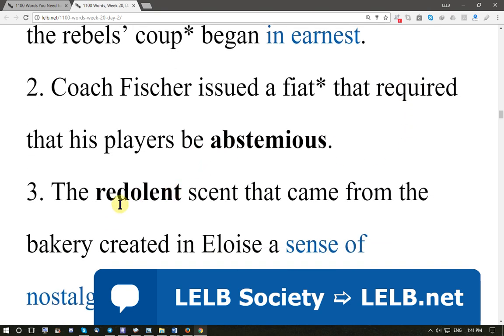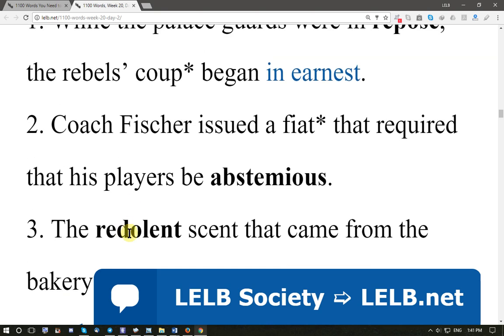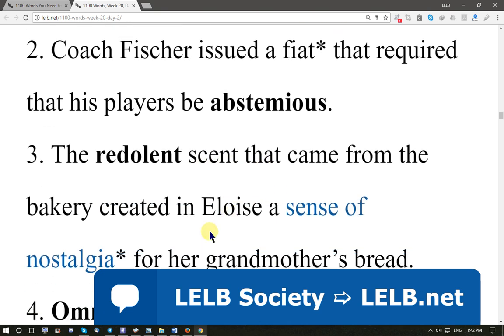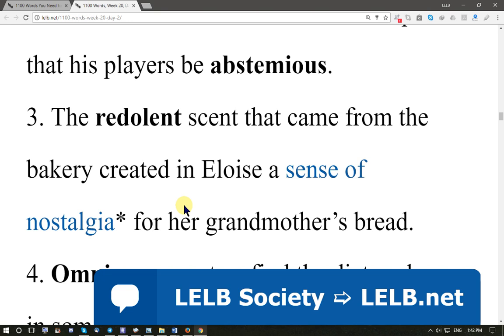Number 3, the redolent scent that came from the bakery created in Eloise, I don't know how to pronounce this, it's a proper name, a sense of nostalgia for her grandmother's bread.